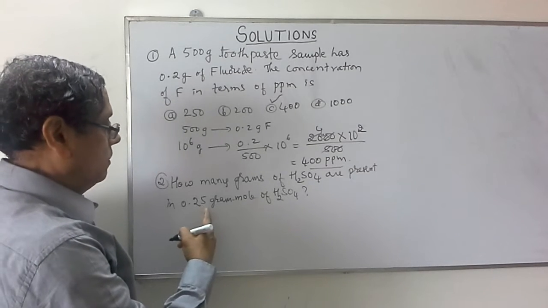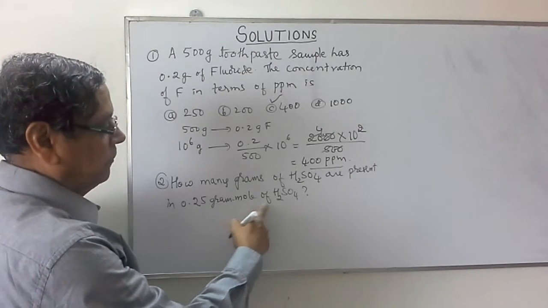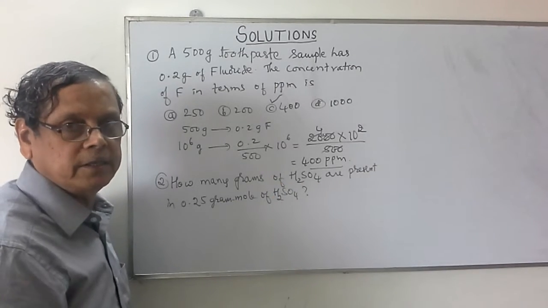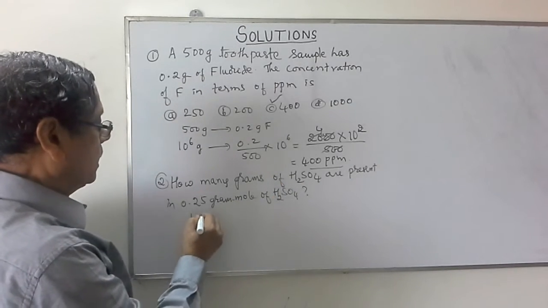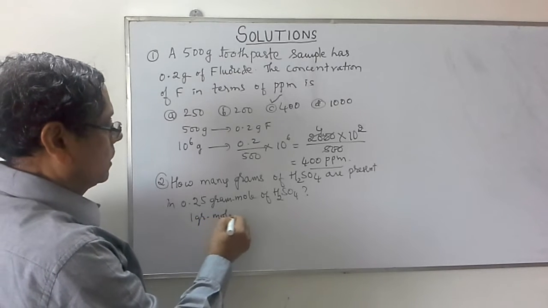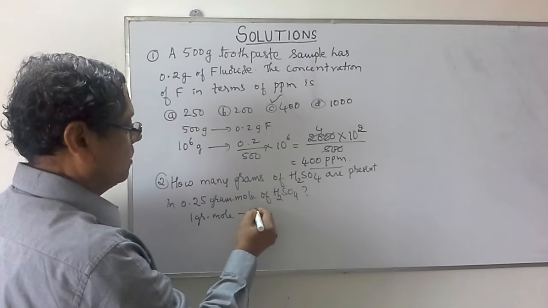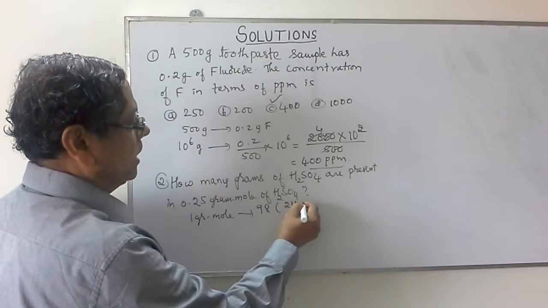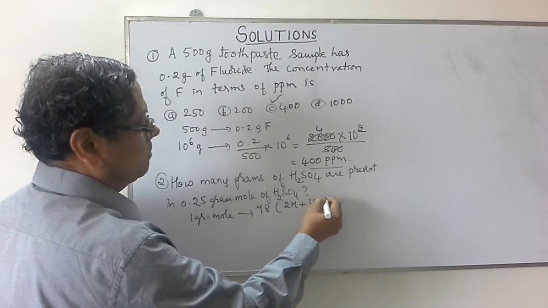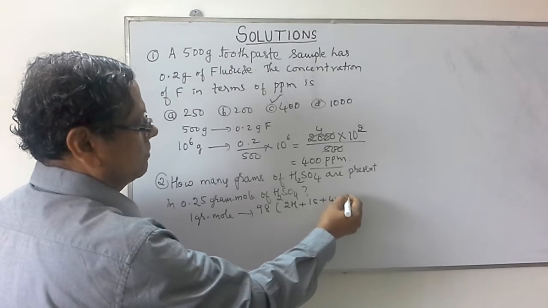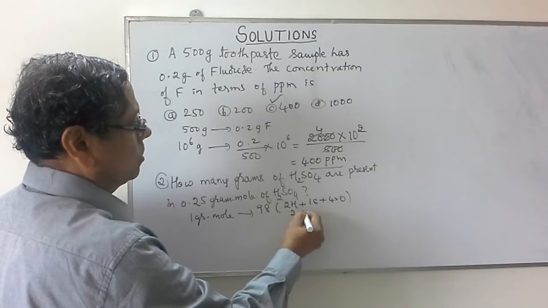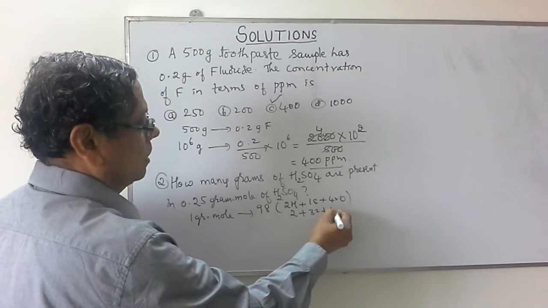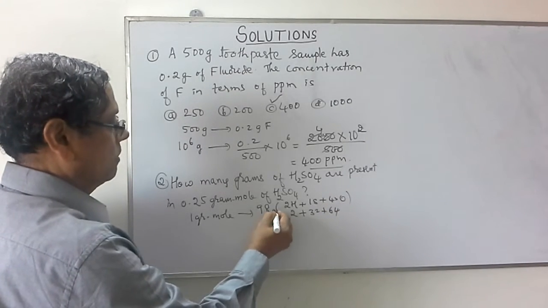When we take 1 gram mole of sulfuric acid, it will contain a mass equal to its molecular mass. That is 1 gram mole contains the gram molecular mass of sulfuric acid, that is 98, for 2 hydrogen atoms, 1 sulfur atom and 4 oxygen atoms. So we have 2 plus 32 plus 4 into 16, which is 64. So it is 98 grams.